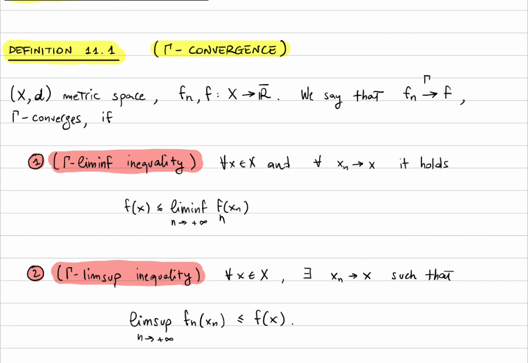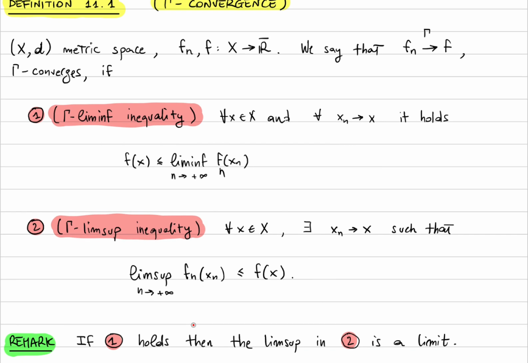The major difference is that condition 1 has to hold for every point x and every sequence converging to x. Instead, for the gamma lim-sup inequality, you just need to check that for every point you can find one sequence such that this holds. So this is an existence symbol and not for all. You just need to find one sequence, and you don't have to check this for every sequence.